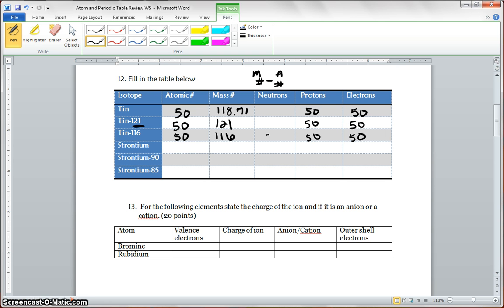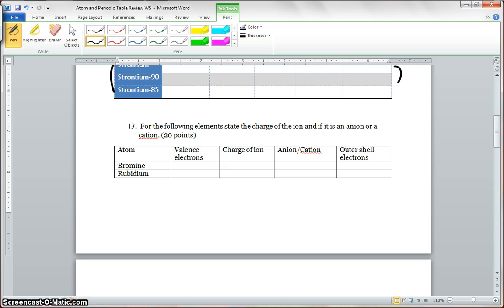Number of neutrons for the first tin is going to be 69. Number of neutrons for the second one is going to be 71. And the number of neutrons for the last one is going to be 66. So go ahead and do these next three by yourself, and then you can check the answer key that's posted online as well.